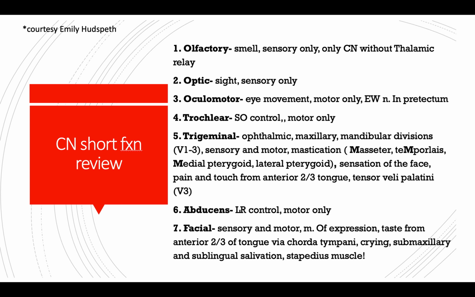It does your tensor veli palatini, and it's also important to know that it does your muscles of mastication. So think of your masseter for V3, lateral and medial pterygoid muscles. And I think that covers 5.